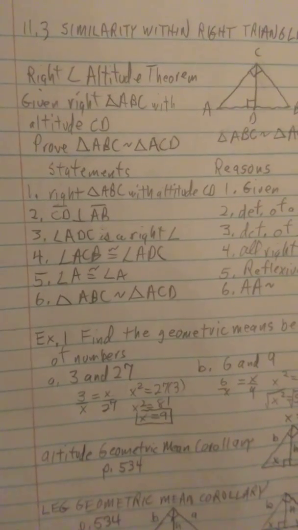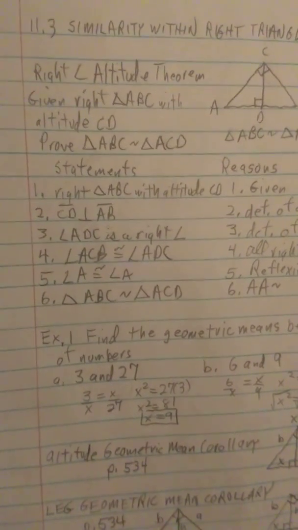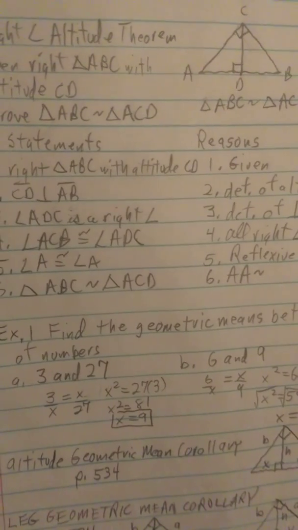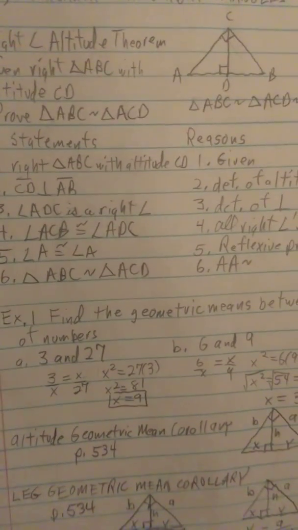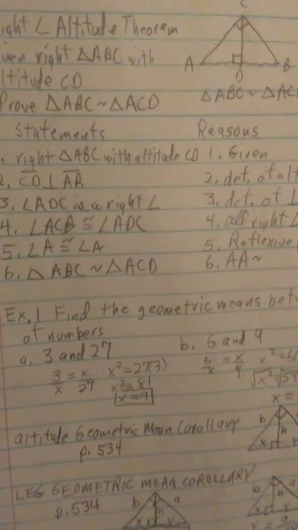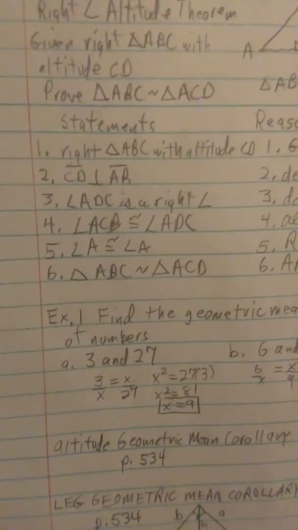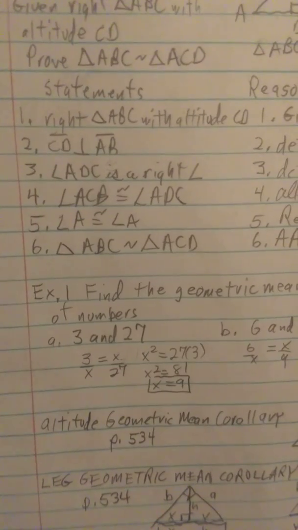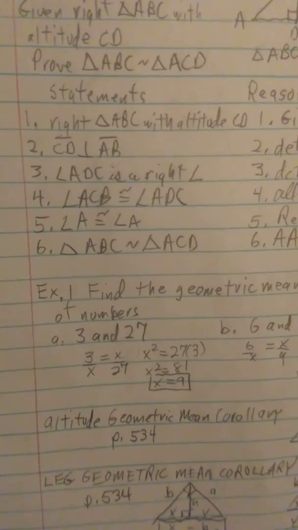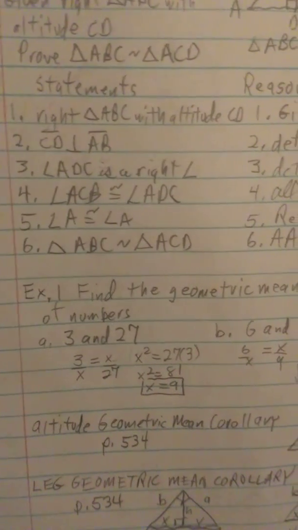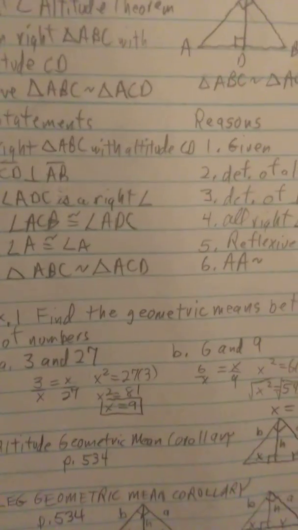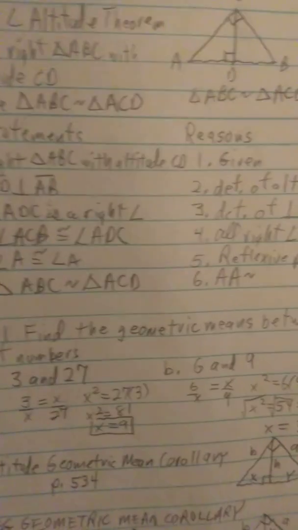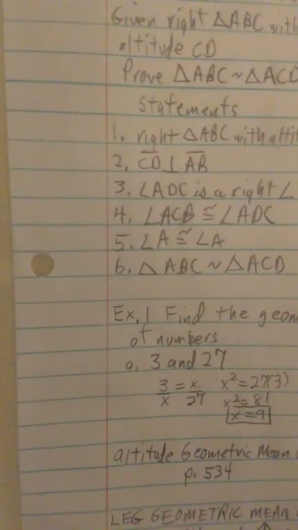So now we're going to find the right angle altitude or right angle height theorem, and we're going to prove it. Given right triangle ABC with altitude CD, prove that ABC, the big triangle, is similar to ACD, the left triangle. Okay? So as we used to do last semester a lot, in our statements we have one, the right triangle ABC with altitude CD is given, and CD is perpendicular to AB because it's an altitude, definition of altitude.